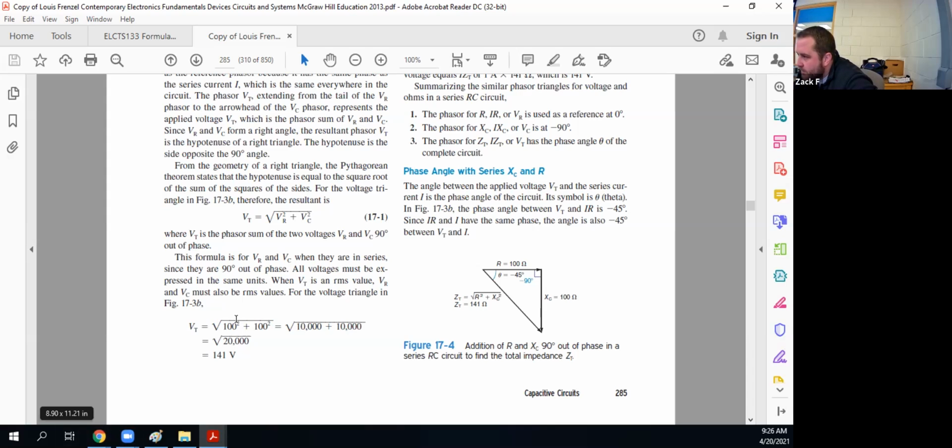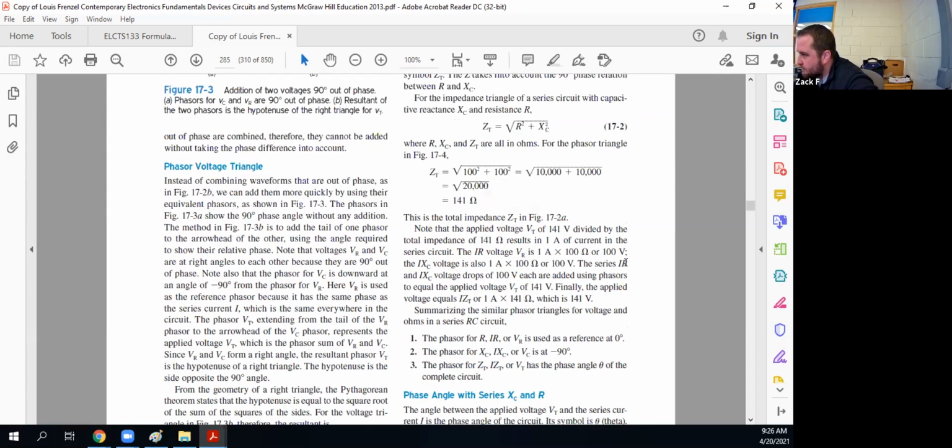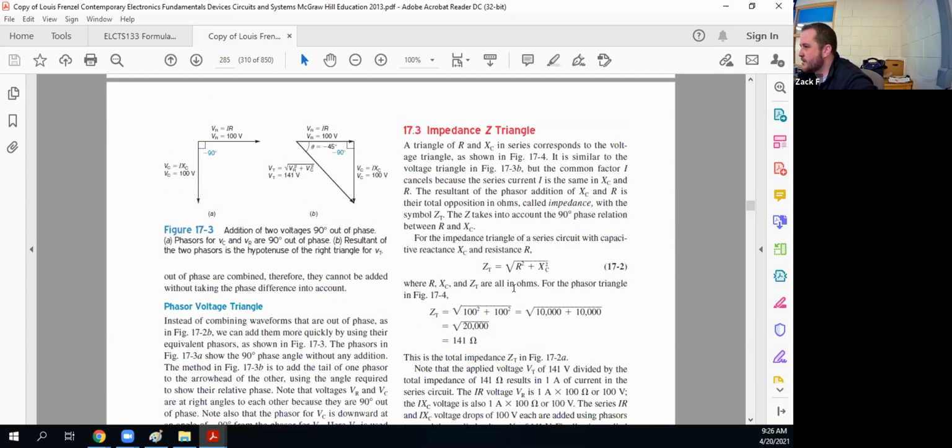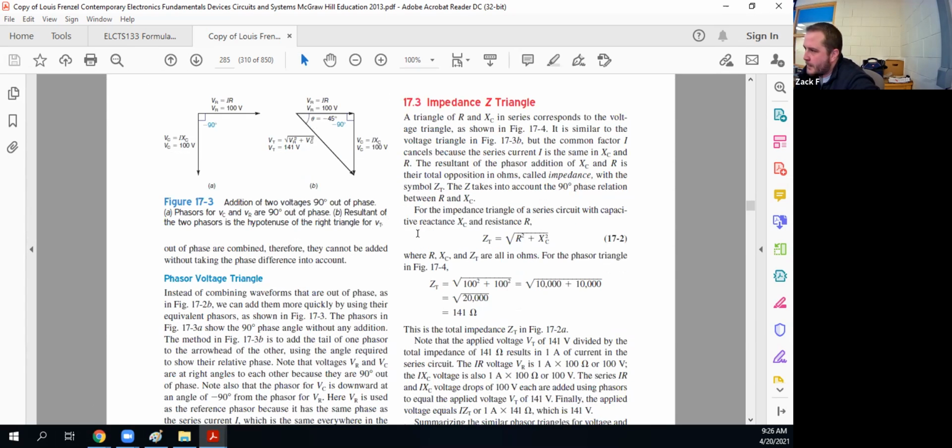If you put the phasors together, this is like physics stuff. But the total impedance Z sub T in a circuit with a capacitor and a resistor in series is equal to this formula.